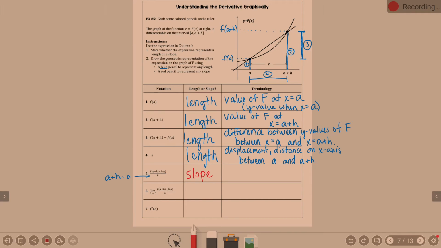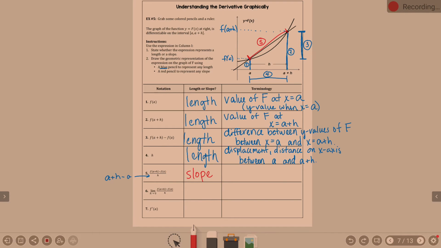Now, where is this slope on the picture? It's a slope between what points? A plus H and A. And so really it's that slope that's already drawn in, isn't it? It's going from here to here, right? So I'm going to call that number 5.